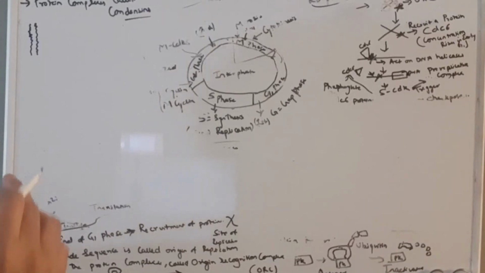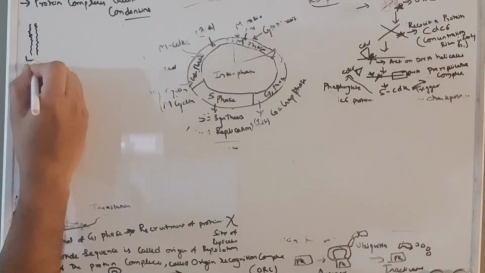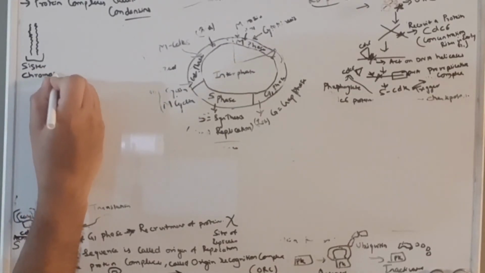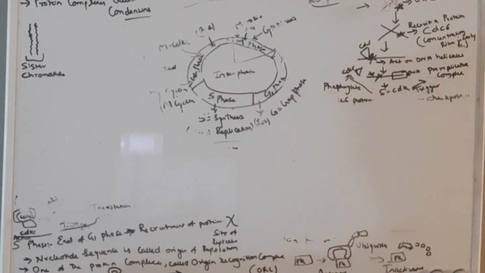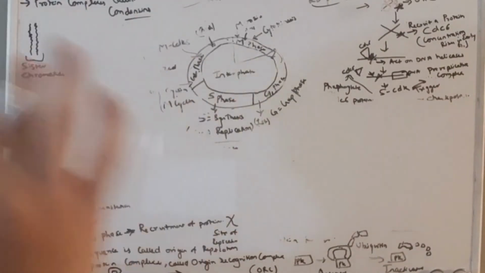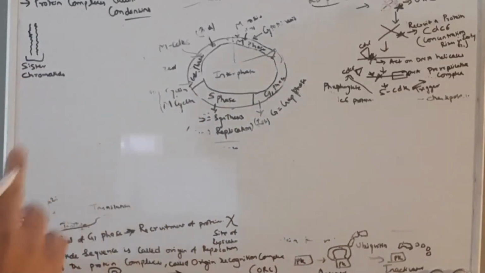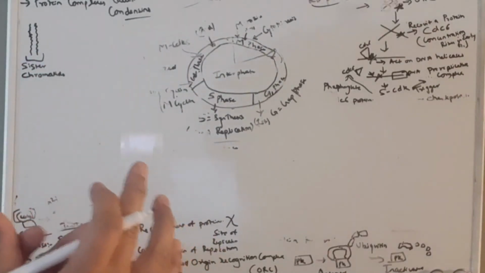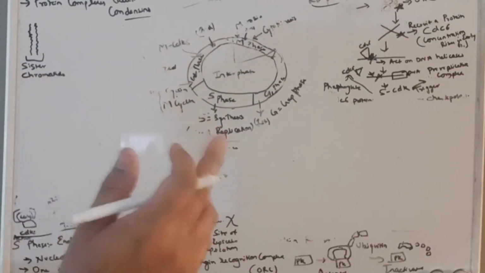These identical copies are called sister chromatids, right? And each contains a single double-stranded molecule of DNA along with its associated proteins. And both sister chromatids are held together by a protein complex called cohesin.